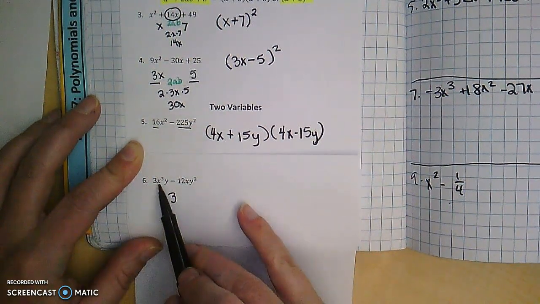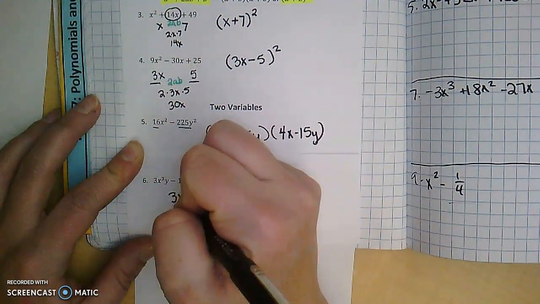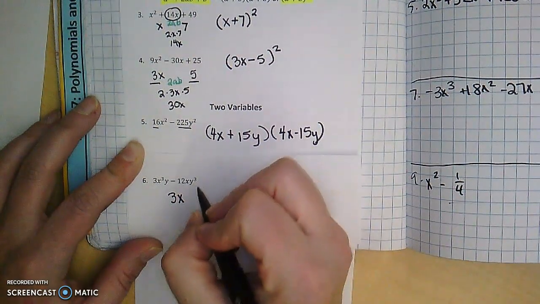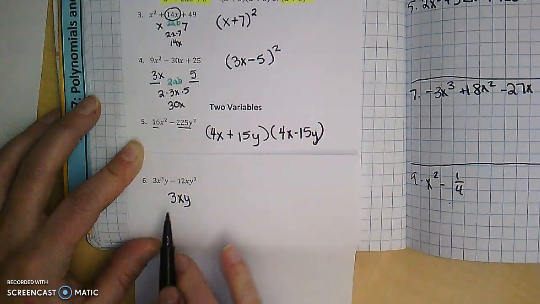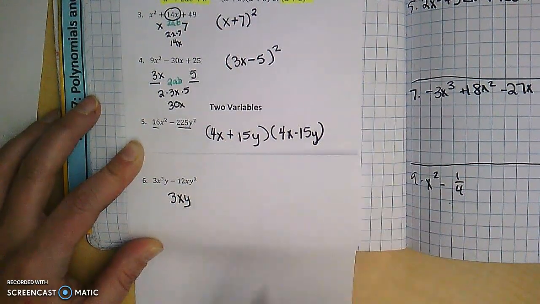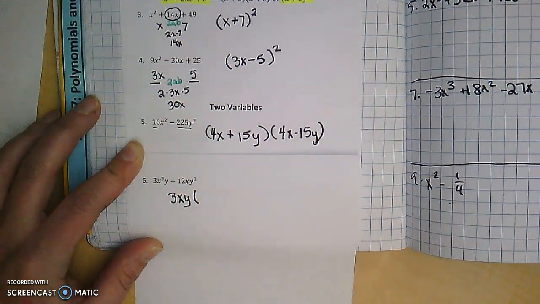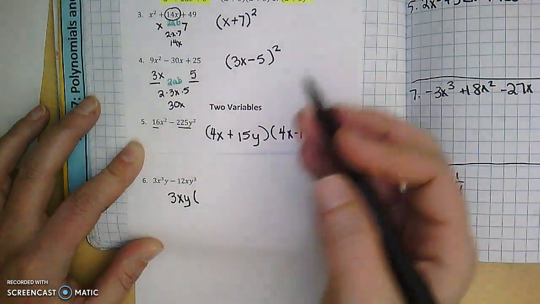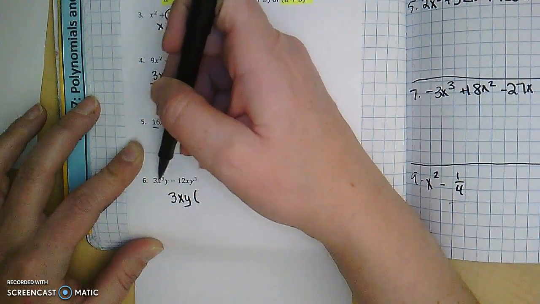When I look at the x terms, I can see x cubed and x both have an x in common, so I can factor it out of this binomial. And with the y terms, they both have a common y. So this right here is our greatest common factor that I'm going to divide out of every piece of this polynomial, and then I'm going to see if I can use one of my special rules. I'll start with my 3x cubed y.